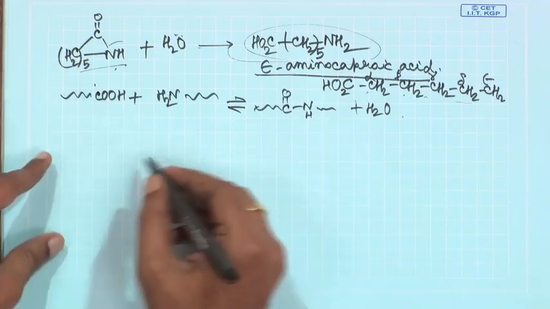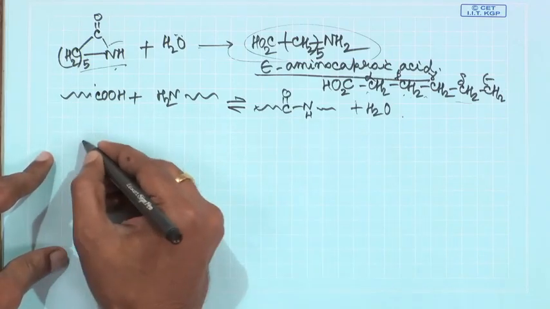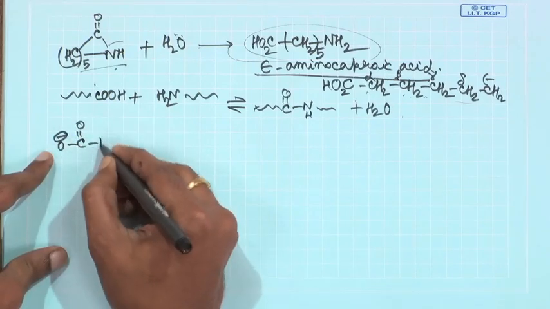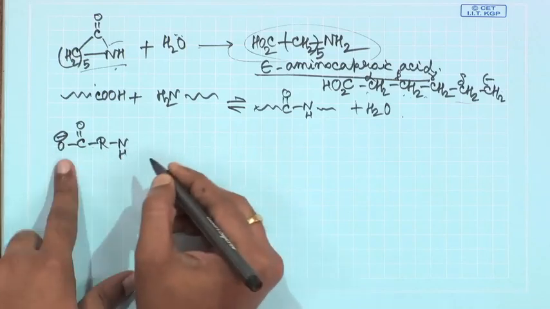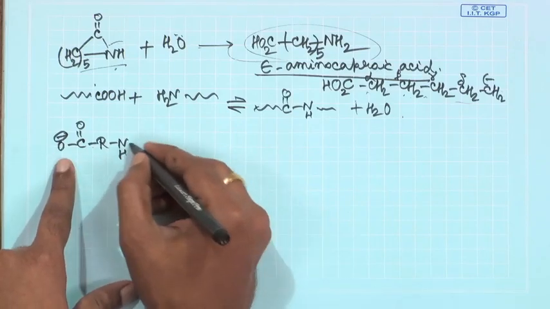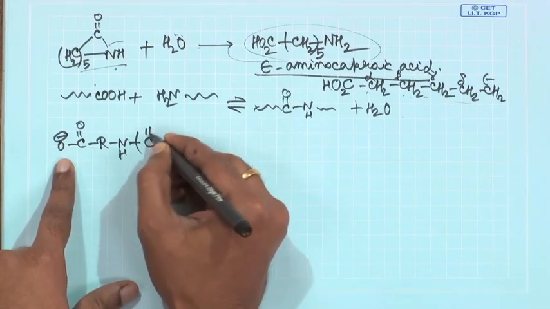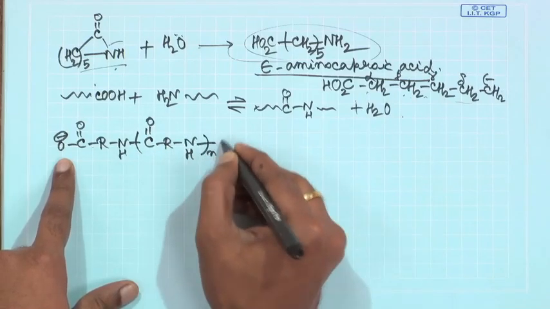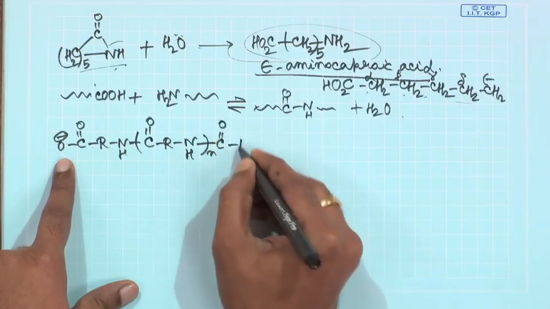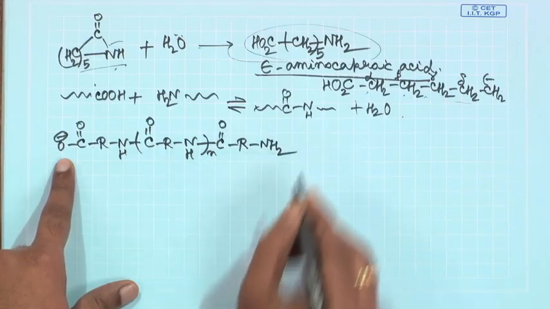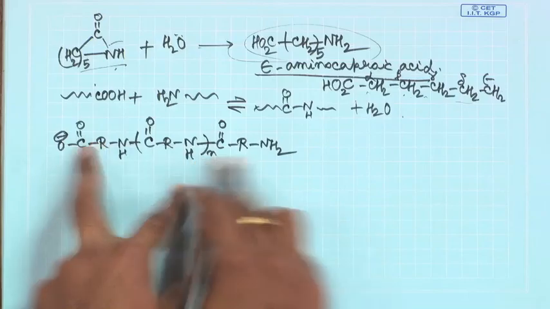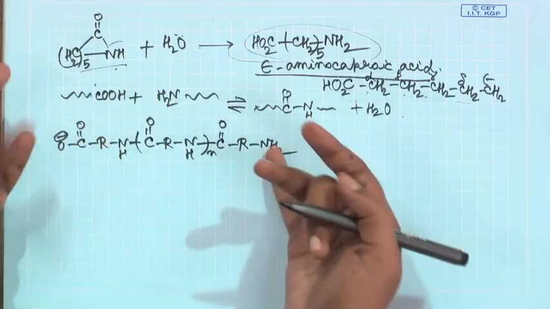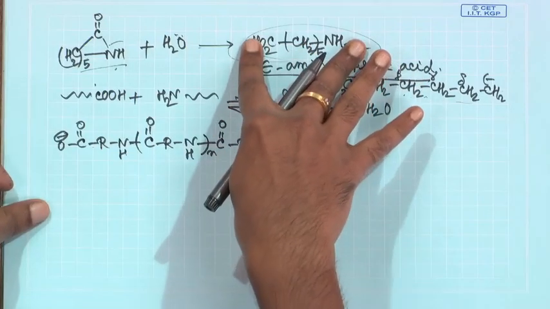So, let us say you have an acid group on one side, an amine group on another side. It is polymerizing, say through self amidation, or it could be this particular material also.